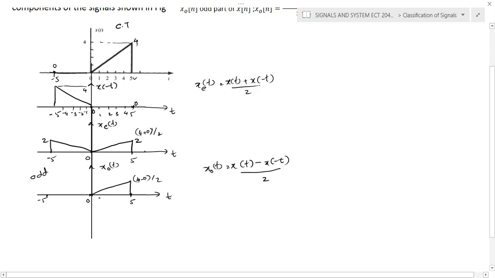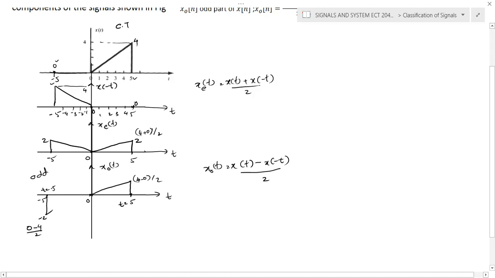Okay. And for the odd signal, we know that it's simply the negative of the positive values. So at t is equal to 5 we are getting 2, means at t is equal to minus 5 you will get minus 2. Okay, we can verify that also. Here it is 0 and here it is 4. So we can verify that 0 minus 4 by 2 is equal to minus 2.